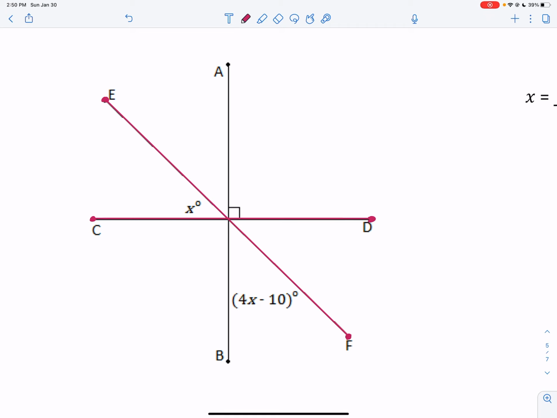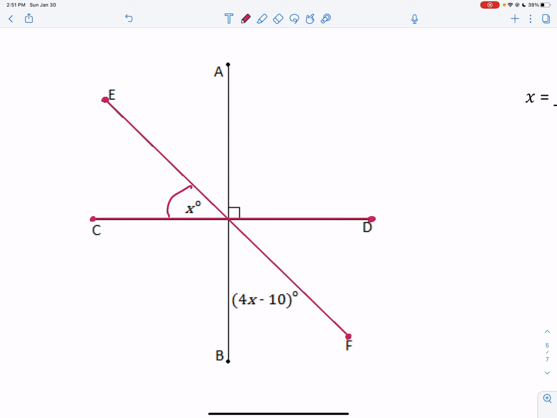So x is the angle formed at the intersection of the line CD and EF. So that's that angle. Hopefully you guys agree that this angle right here is formed from CD intersecting with EF.